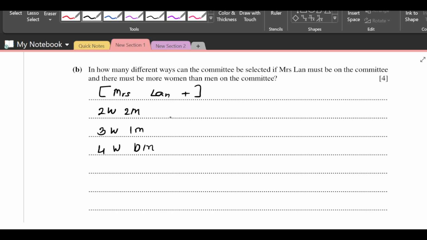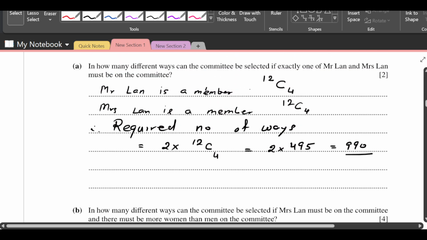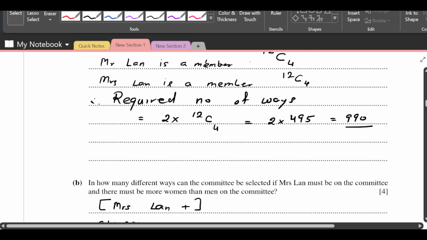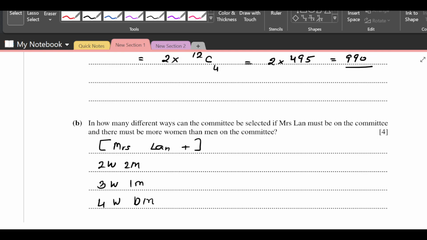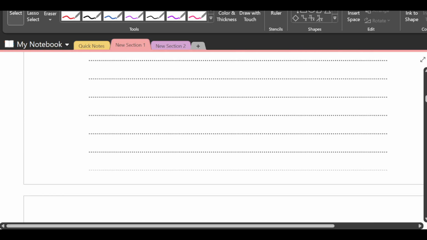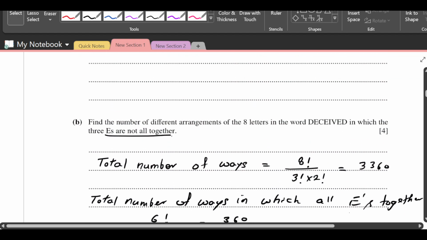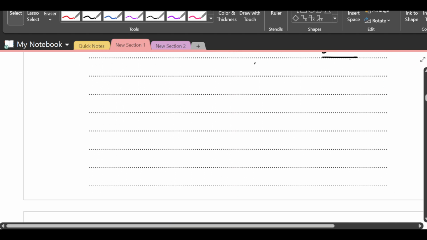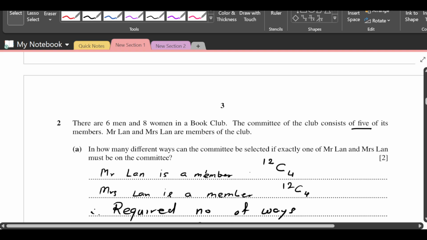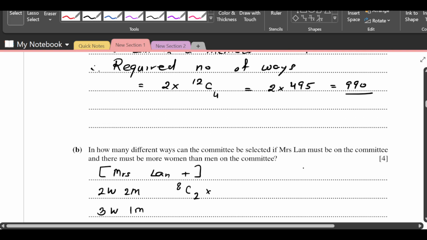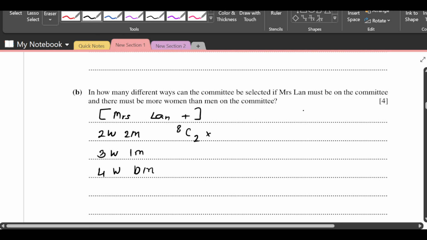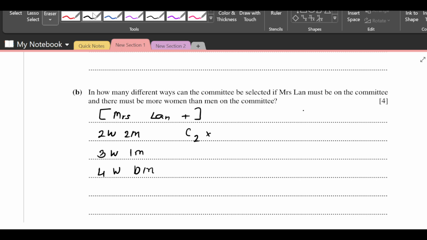Now, there are 8 women, but from 7 women, because Mrs. Lan is already there.